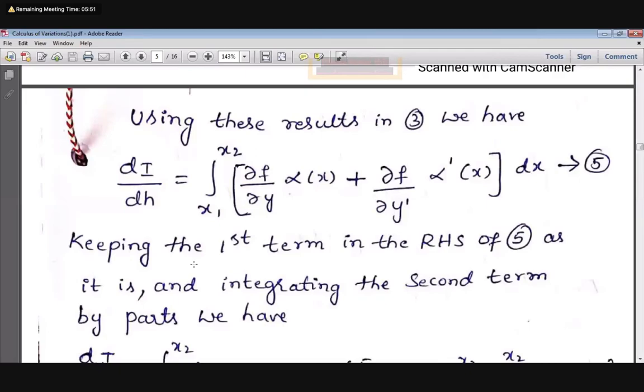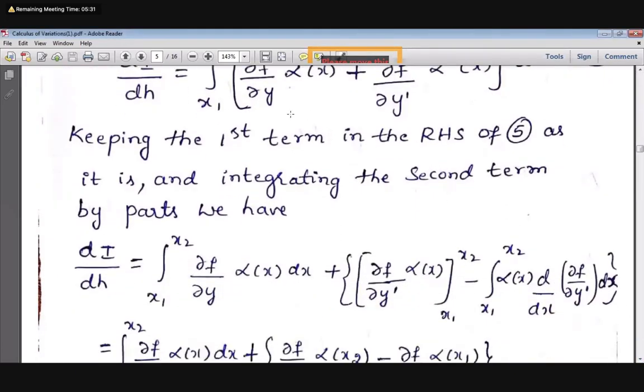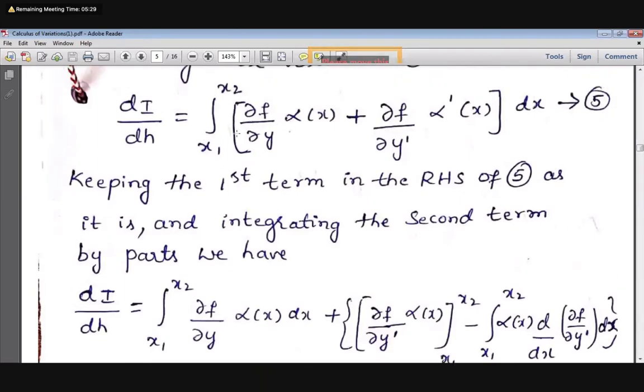Now keeping the first term on the RHS as it is, integrate the second term by parts. I will tell you why we keep this and why we integrate this. Understood? This one, no need to do anything.